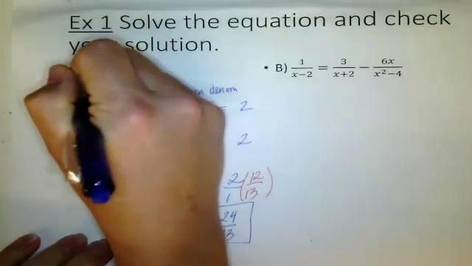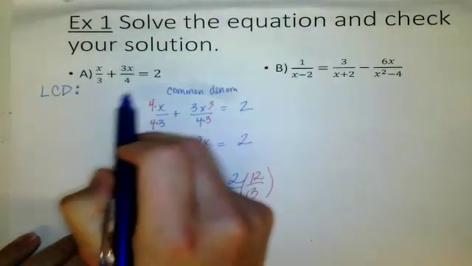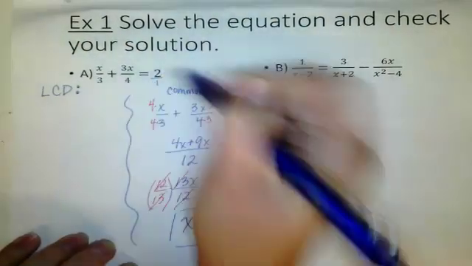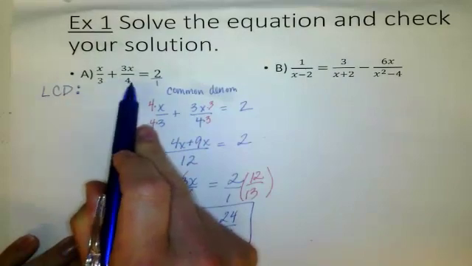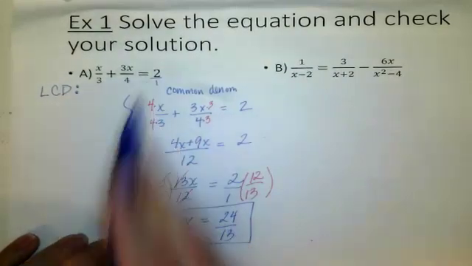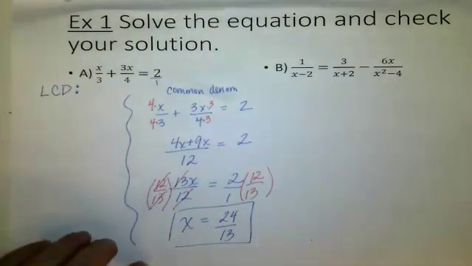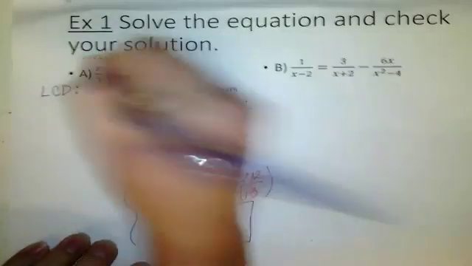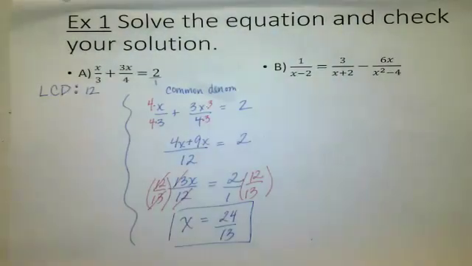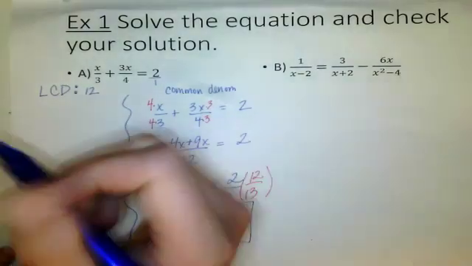So when I look at this, all of these denominators, I have a denominator of 3 and a denominator of 4 and a denominator of 1. What number do they all have in common? 12. 12 is the least common multiple, the number that's bigger that they both go into. All right? Least common multiple, lowest common denominator, same thing.